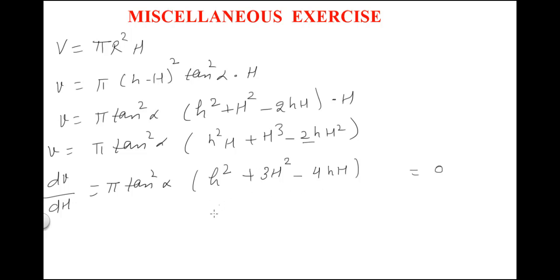Putting this equal to 0, just see what we have: h square plus 3H square equals 4 times hH. Clear? Also, we can take this 4hH to this side. So we will have 3H square minus 4hH plus h square. We can factorize it by the method of splitting the middle term.